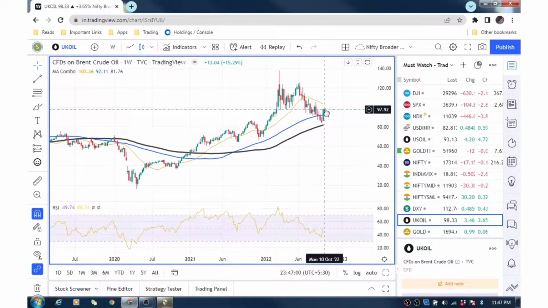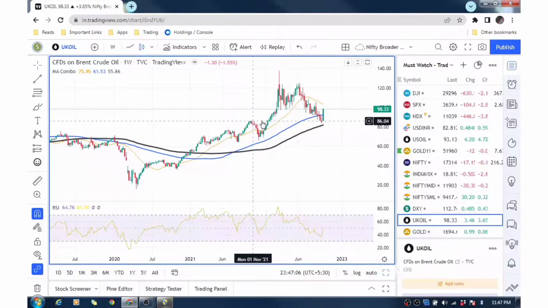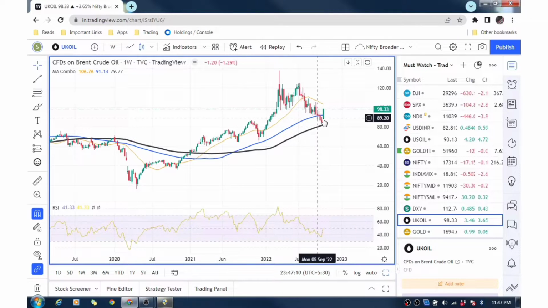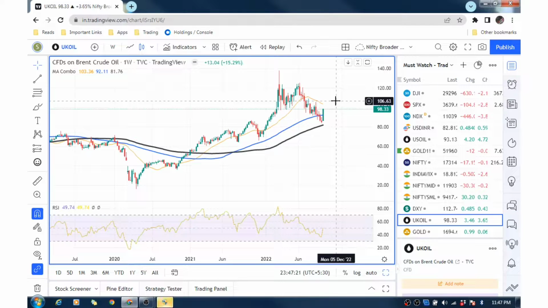However, now we can see that the crude is starting to show signs of some bullishness, as you can see with this long bullish candle, which has taken place at a key support level. So if this is not a pullback and crude goes beyond 102, which is the next key resistance, I think we are in some more trouble.